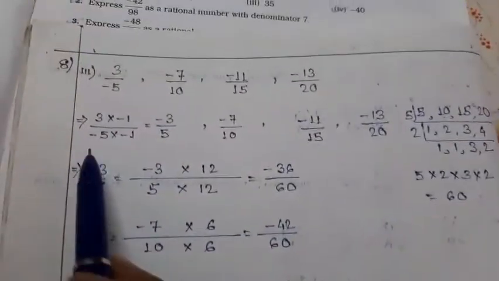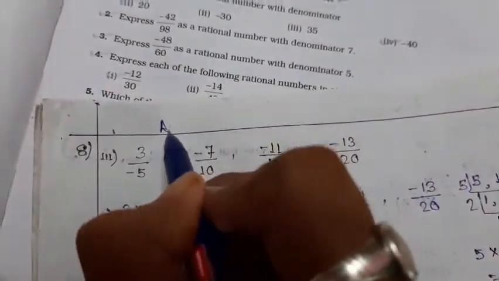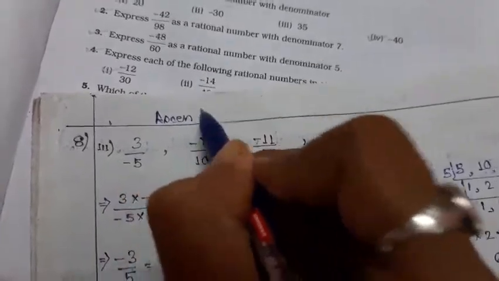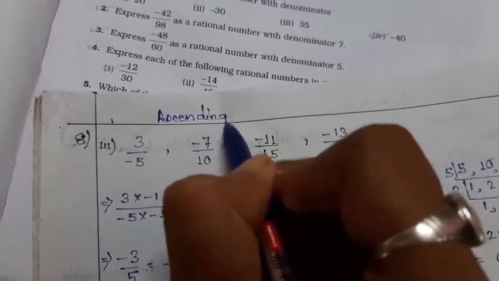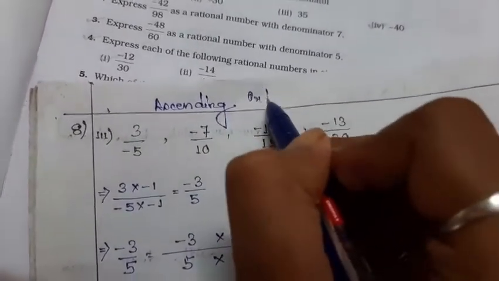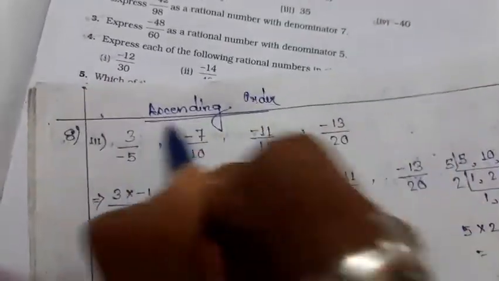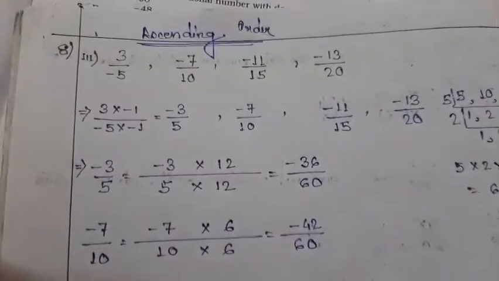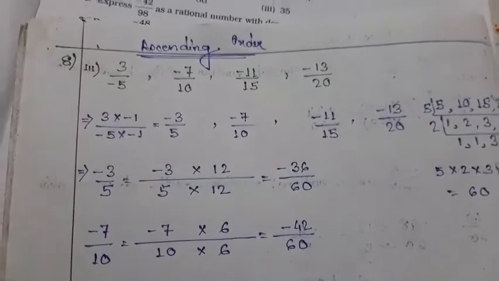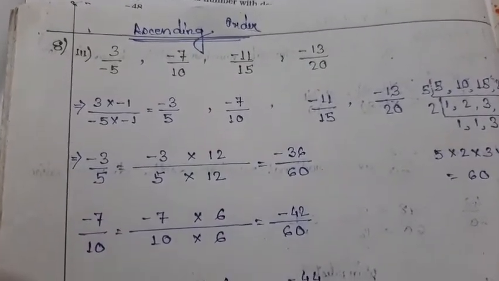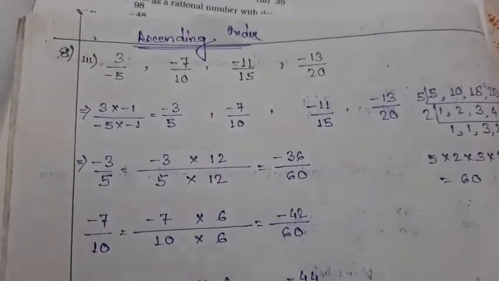Now we will come to question number 8. That means ascending order. I think you all can understand the meaning of ascending order. Ascending order means smaller number to greater number, and descending means greater to smaller.